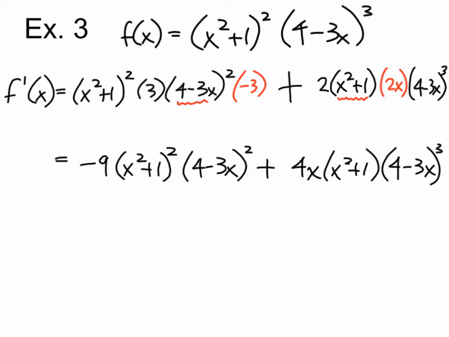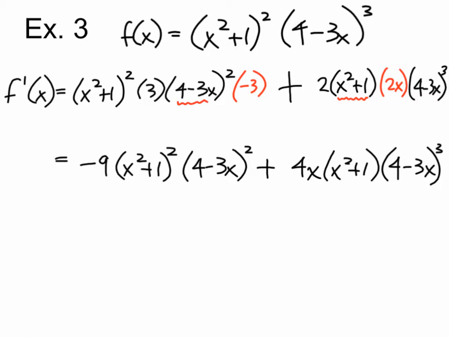So what I've done here is the power rule and the product rule and the derivative of what's inside. Simplifying these, 3 times -3 is -9.